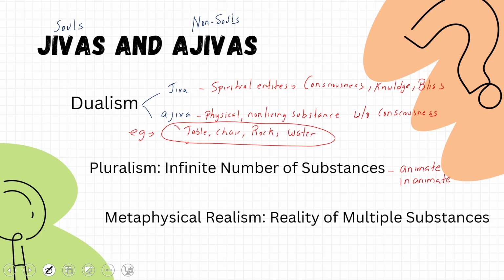So examples of animate would be humans, plants, okay, and even microscopic organisms which have a unique soul, whereas inanimate would refer to soil, fire, space. So different forms of matter which are formed out of atoms and particles.